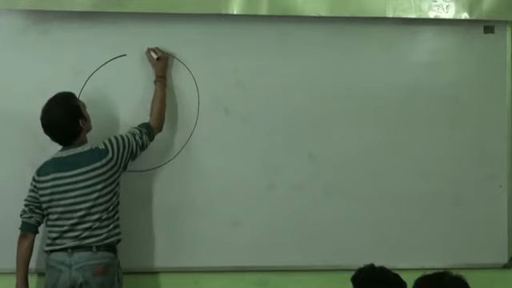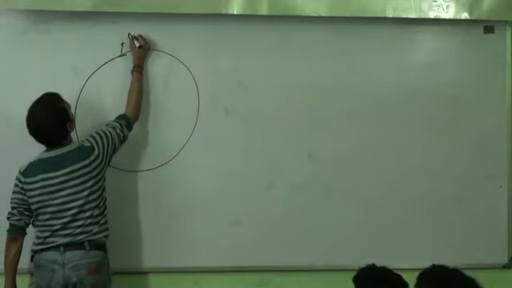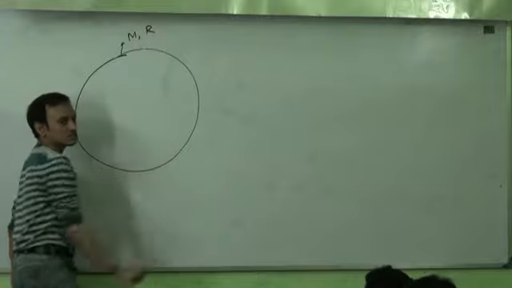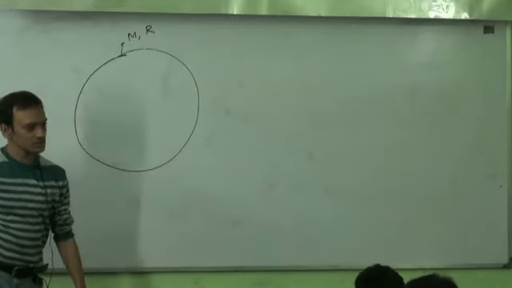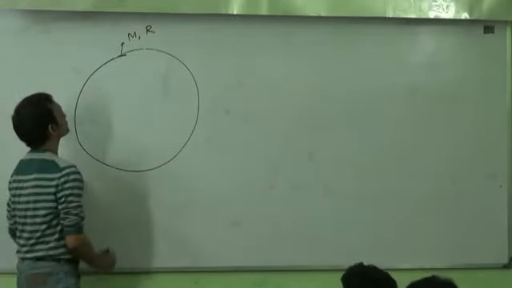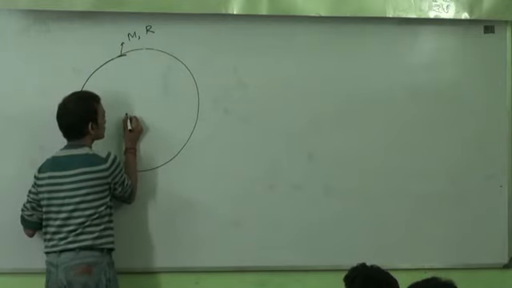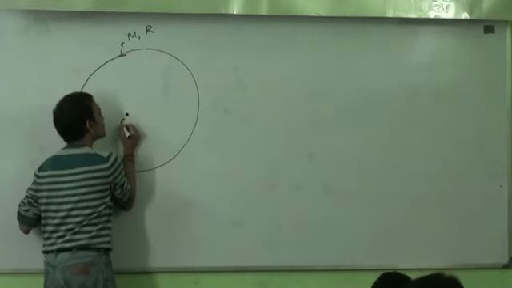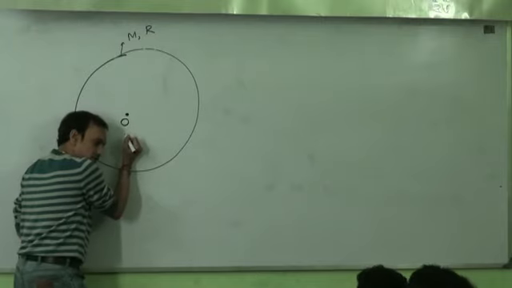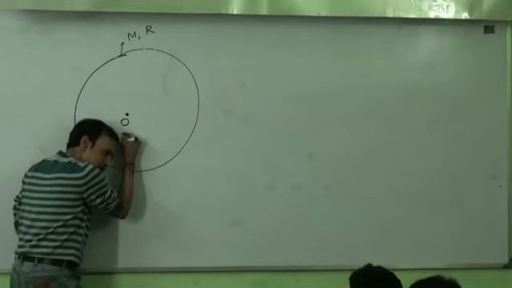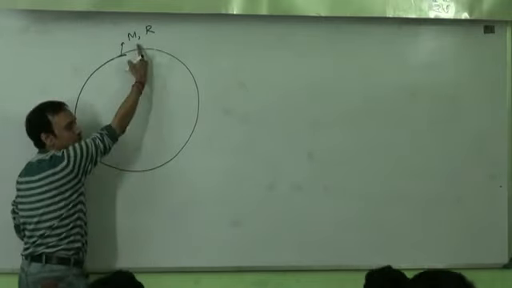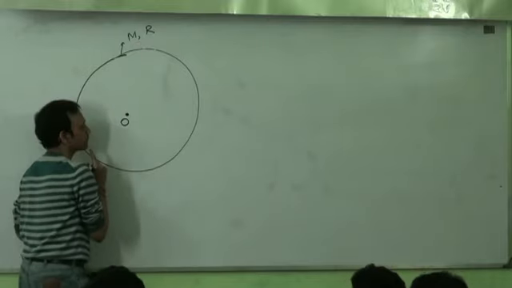So this is a circular disk of mass M and radius r. The center of this disk would be here, and this would also be its center of mass. This would be the center of mass of capital M, right?